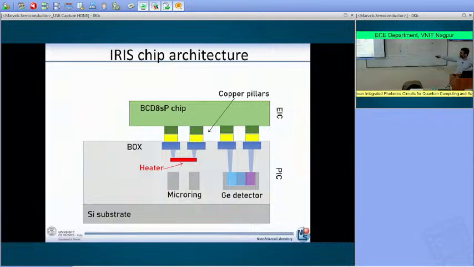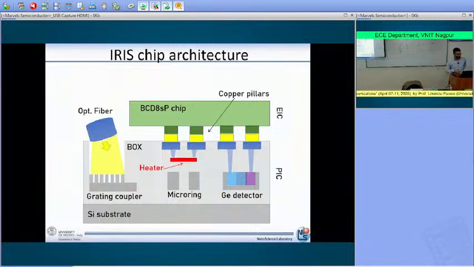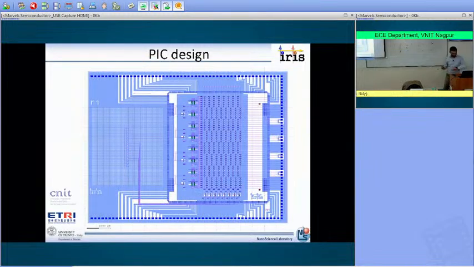And then we bond on top of the photonic integrated circuit the electronic integrated circuit. We also open the space in order to allocate the fiber. And then this is the architecture that was then transferred into a specific photonic integrated circuit design.